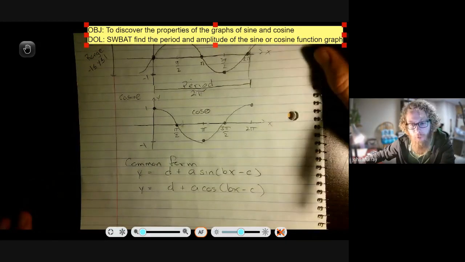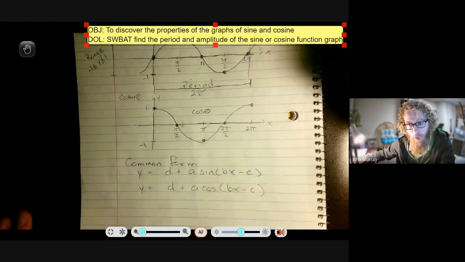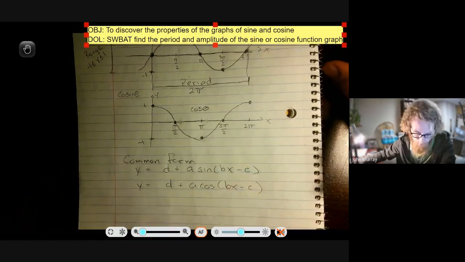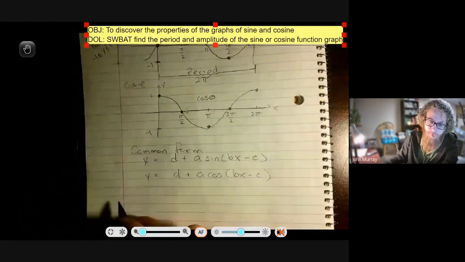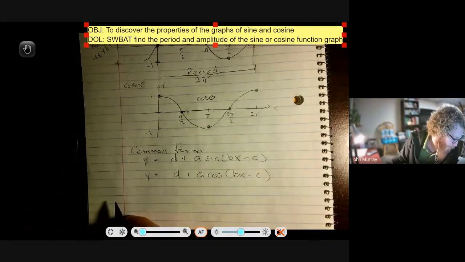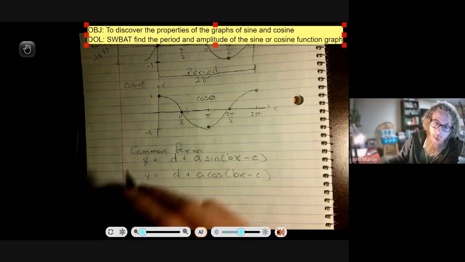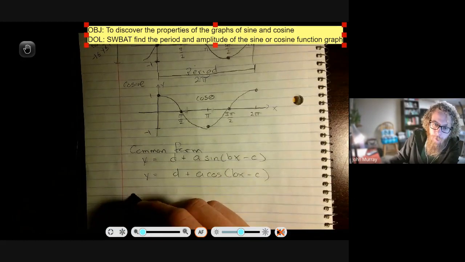Today we're going to look at 2 of the parts, the A and the B. We'll do it in alphabetical order. So the A has a special name.